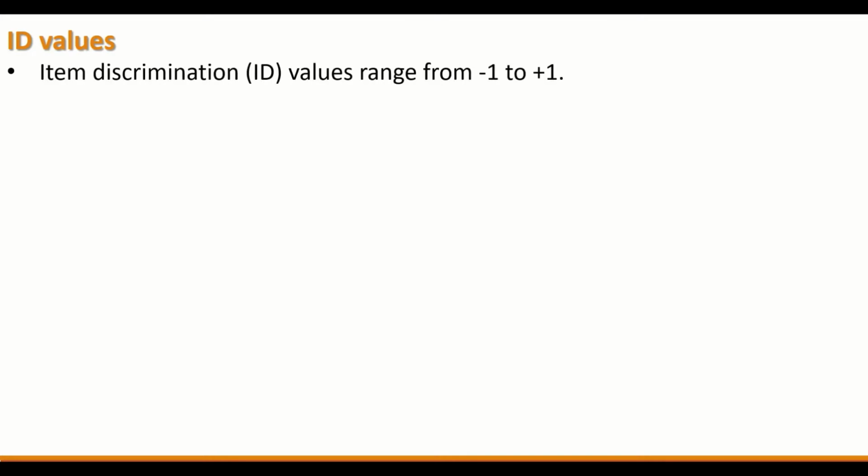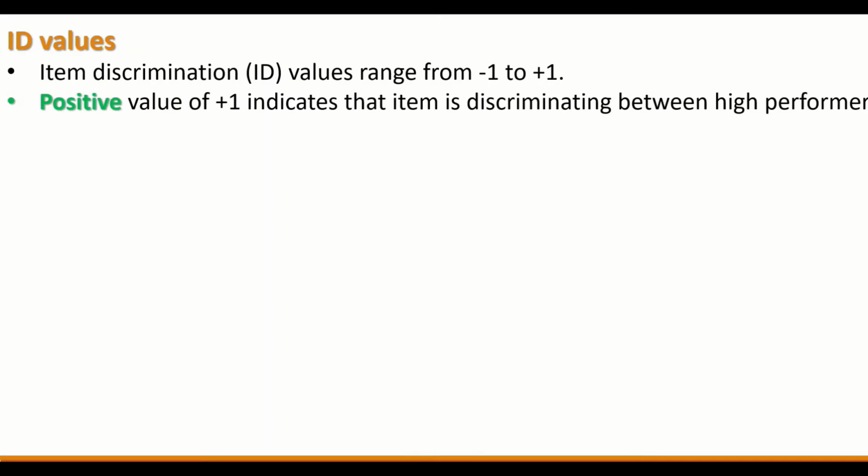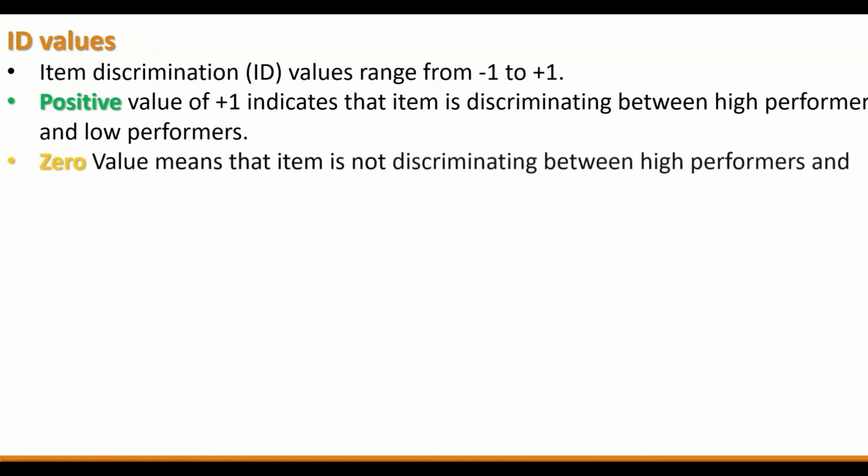Now, the item discrimination values range from -1 to +1 based on Kelley's equation. The outcome of the calculation has a range of -1 to +1. A positive value indicates that the item discriminates between high performers and low performers, and +1 indicates a perfectly discriminating item.